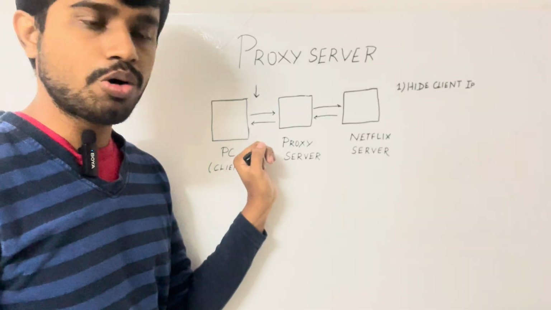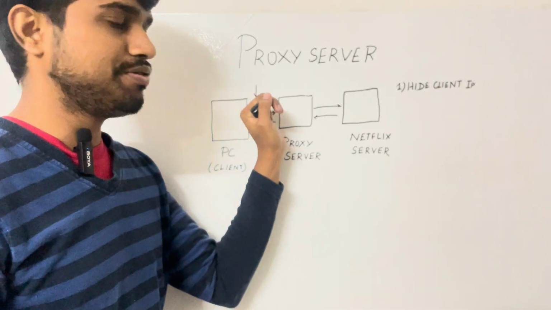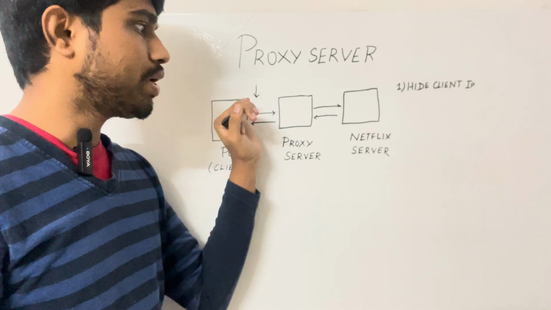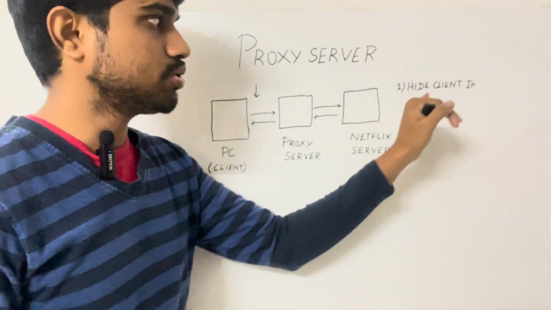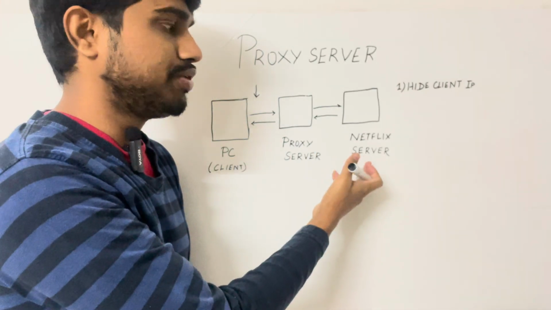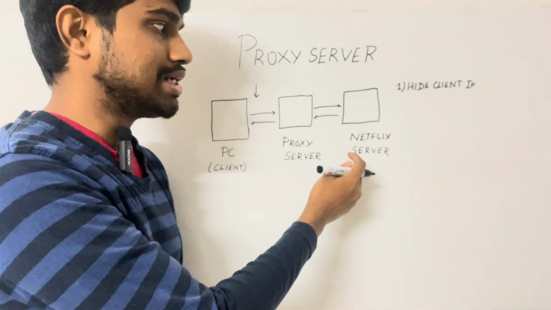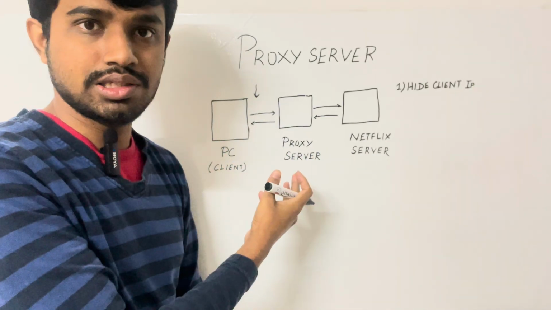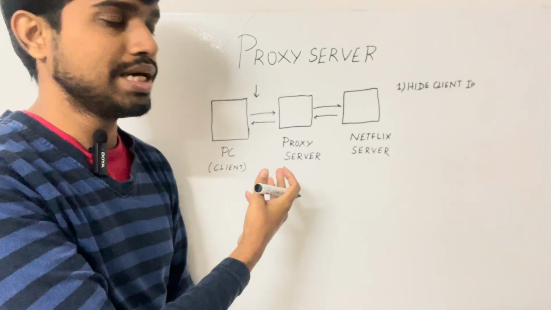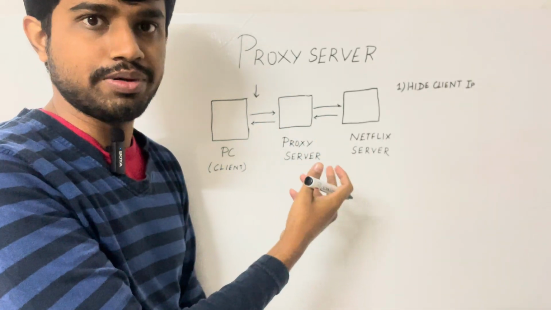So if you want to hide your personal computer's IP address, or the Wi-Fi router's IP address, why would you want to do that, right? Why do you want to hide the client IP? Say, instead of Netflix, you are searching something very sensitive, for example, you are doing a very big research for your new company, and you are collecting information from a lot of different websites.